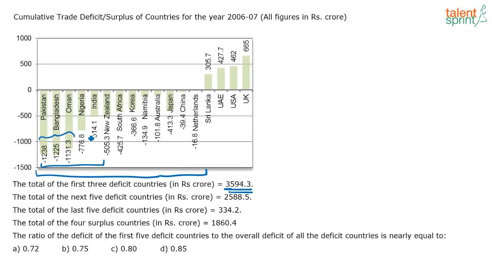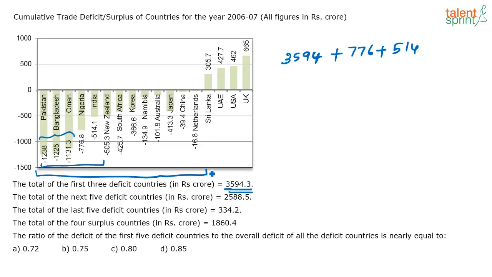So, to this 3594 you just have to add these 2 values, right. You can omit the decimal points, that is not going to make any big difference. So, to this 3594 you have to add 776 and 514. That will give you the deficit of the first 5 deficit countries.